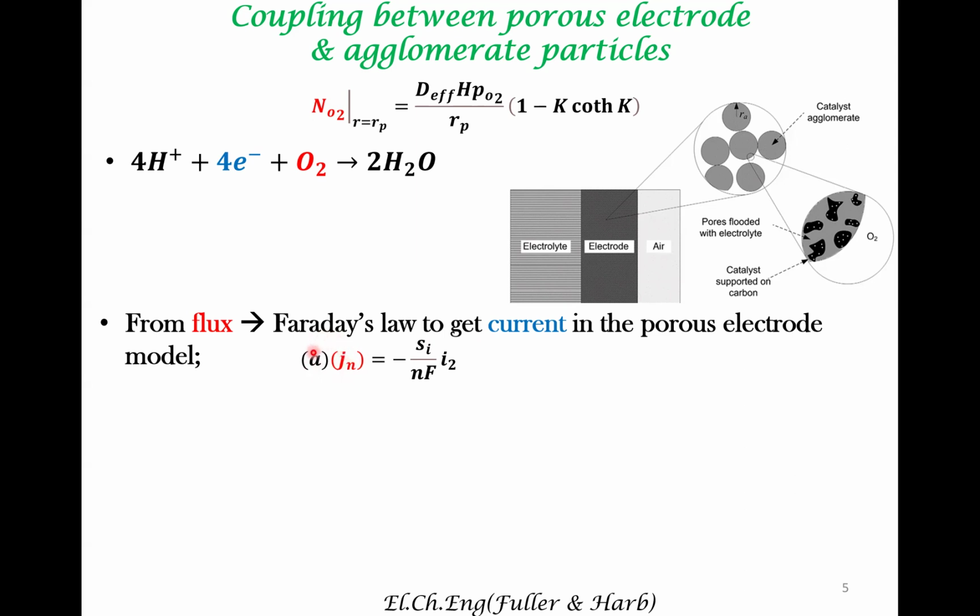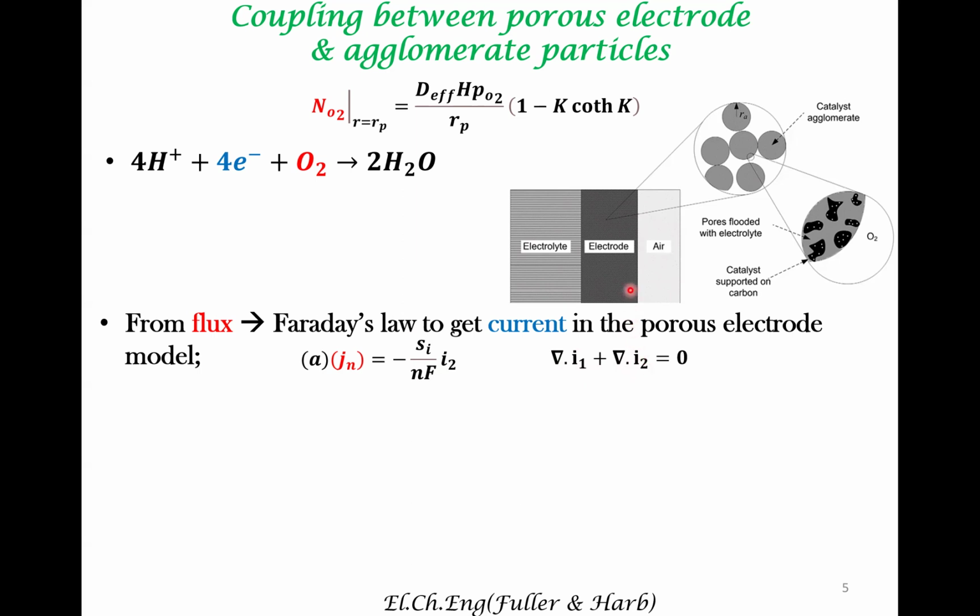These are the stoichiometric coefficients that go into this reaction, and this is just relating the fluxes via Faraday's law. So this is the current that goes into the porous electrode model. Again, these currents are related in the following manner within the porous electrode model.